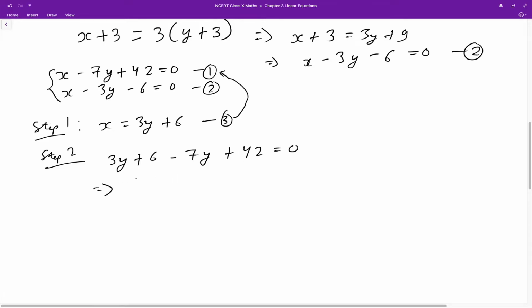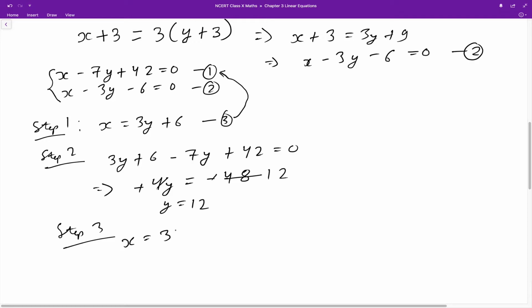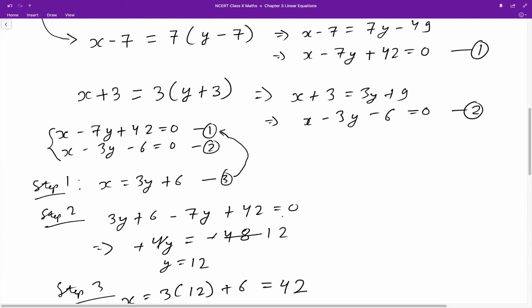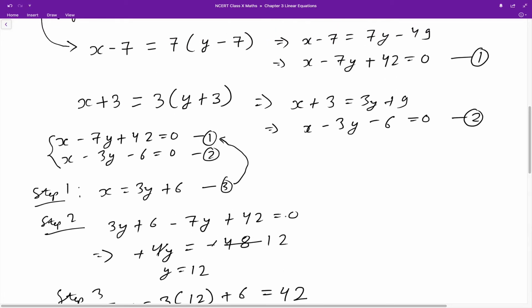So this will imply minus 4y is equal to minus 48, and cancelling this, you get 12. So y is equal to 12. And what do we do now in step 3? We substitute the value of y into this equation. So x is equal to 3 times 12 plus 6. So it will be 36 plus 6, 42. So we have arrived at our solution.